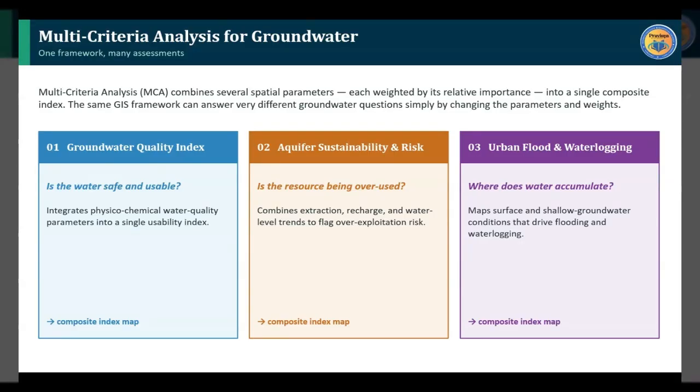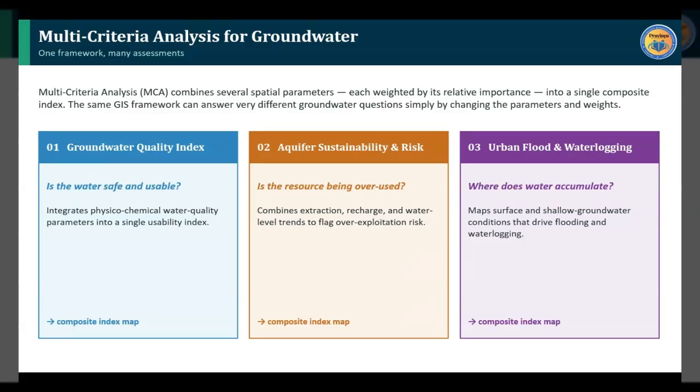The second is aquifer sustainability and overexploitation risk. Here, the question is, how long can we keep pumping? This one will balance what we are taking out, the extraction and the resulting decline, against what is coming back inside it, that is through recharge and the storage.